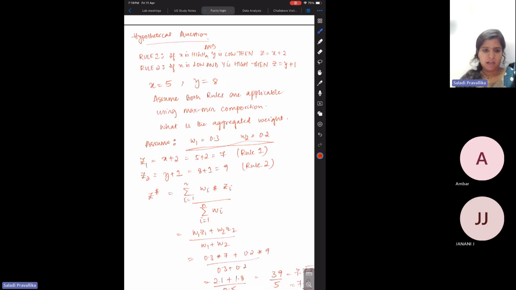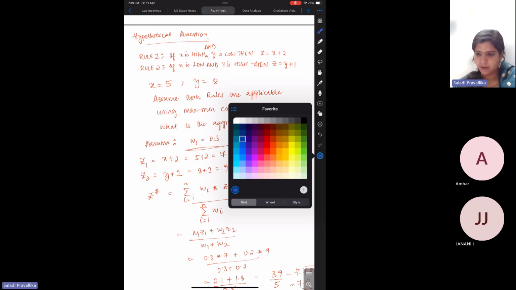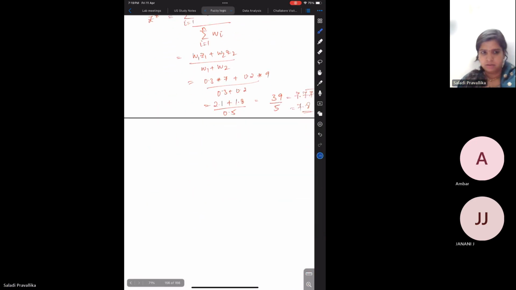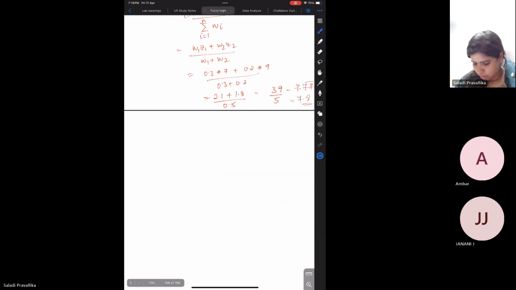Okay. So I'll add another question to this, since we have some more time. Let us just assume it as 11th question. Again, we are looking at a TSK fuzzy model.